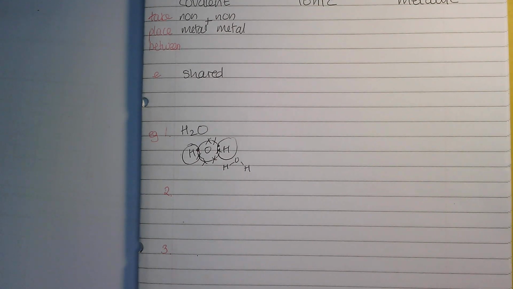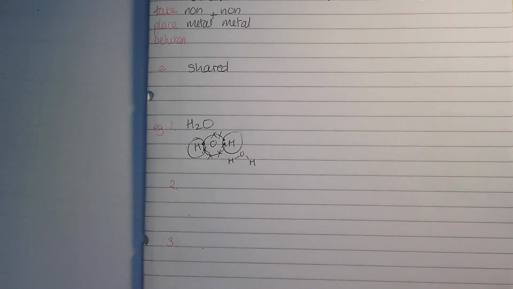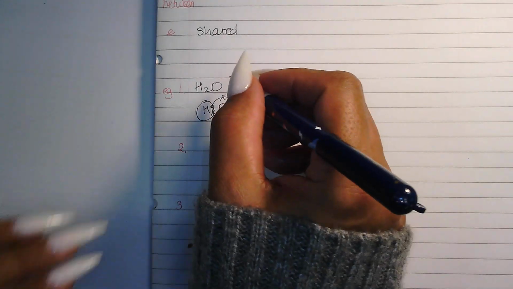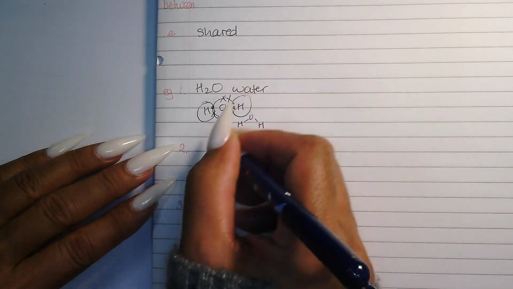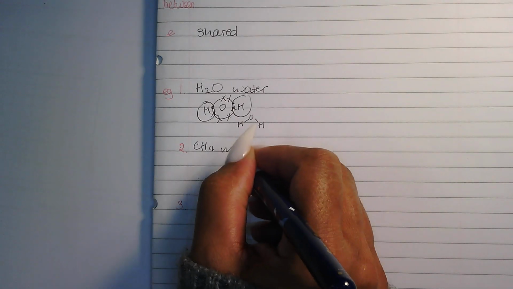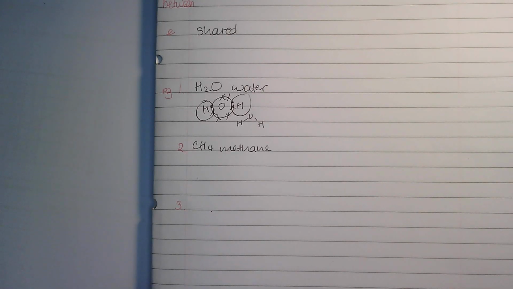Okay. Another example, let's go with CH4, which is methane. So this is water. We'll start off with carbon. Carbon is 12-6 carbon, has 6 electrons, 2 in the first shell, 4 in the last shell. Carbon's in group 4.